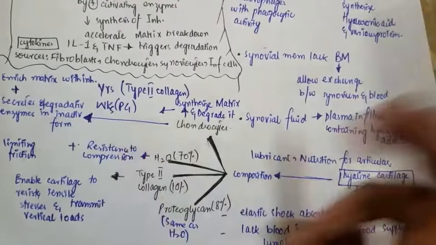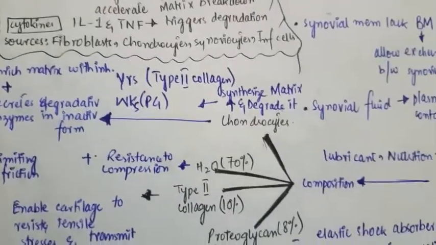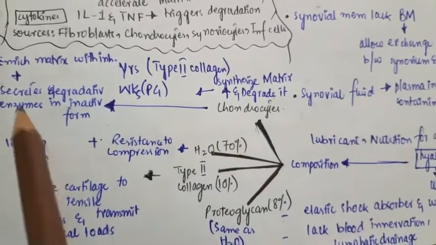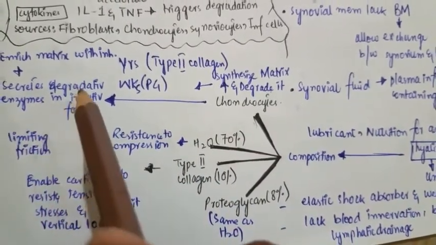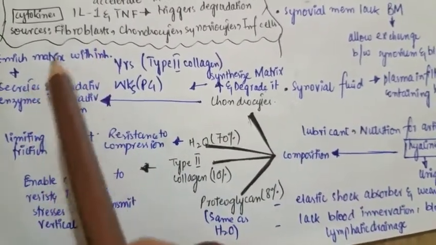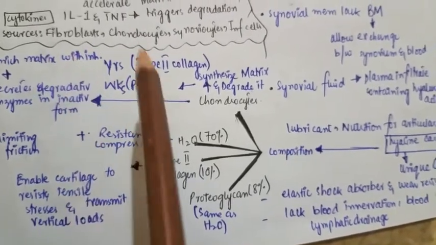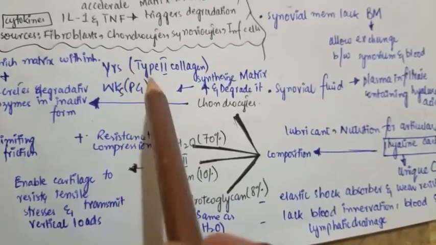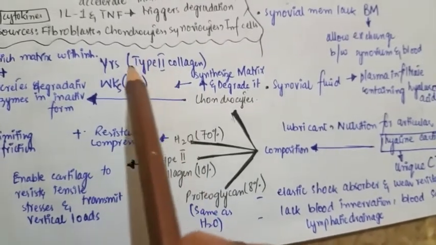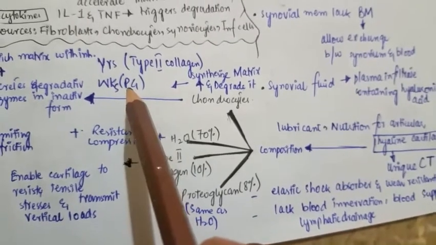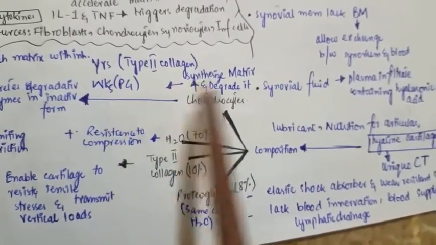But when there is a disease of the joint, these degradative enzymes will be activated and the inhibitors will be destroyed, resulting in the destruction of the type 2 collagen, and the destruction of the type 2 collagen takes years, and the destruction of the proteoglycan takes weeks.